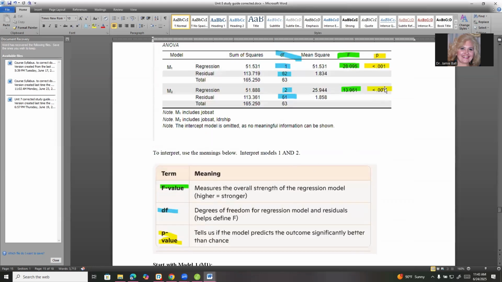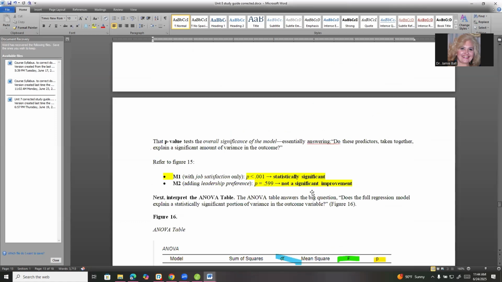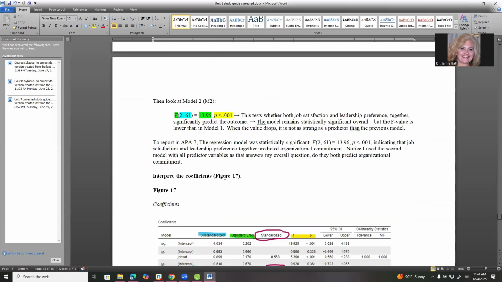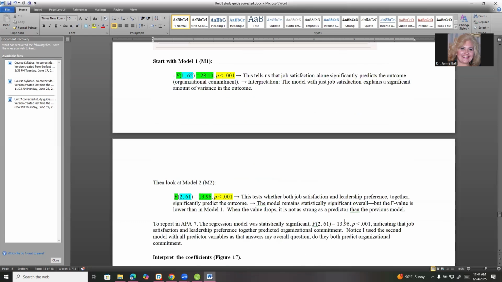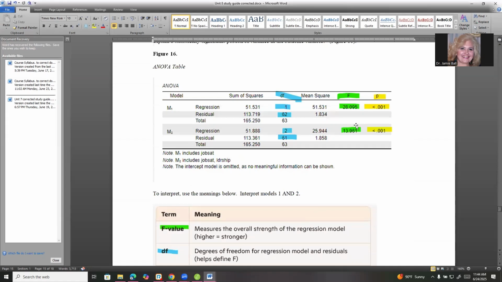Because notice in our test up here, we didn't have that significance, right? Let me explain. If you look at the F value, it went down.